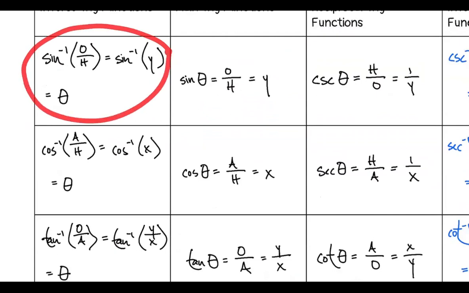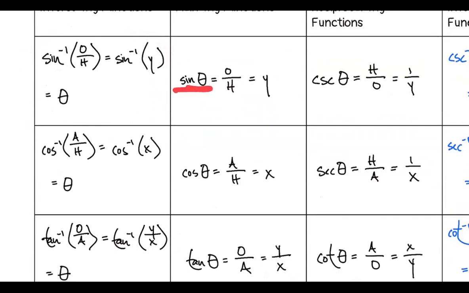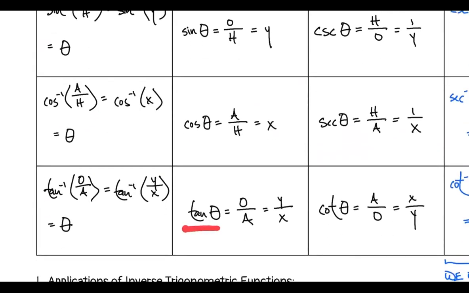We get rid of sine using inverse sine. Similarly, we get rid of cosine using inverse cosine. We get rid of tangent using inverse tangent.